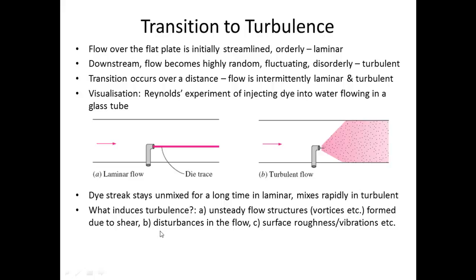Other causes of turbulence are disturbances in the flow. For example, if the flow varies from time to time, it can cause disturbances in the flow, which can again lead to turbulence. Also, the surface roughness of the plate or the pipe, etc., can lead to turbulence generation. Similarly, vibrations of the surface or the pipe can also result in turbulence.